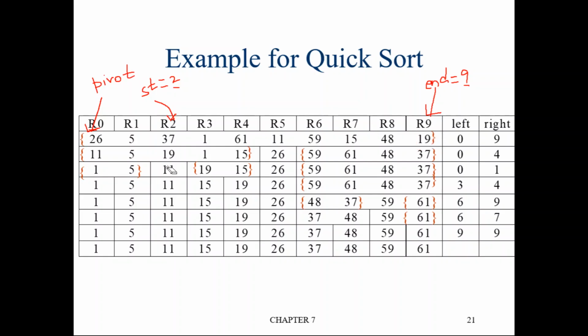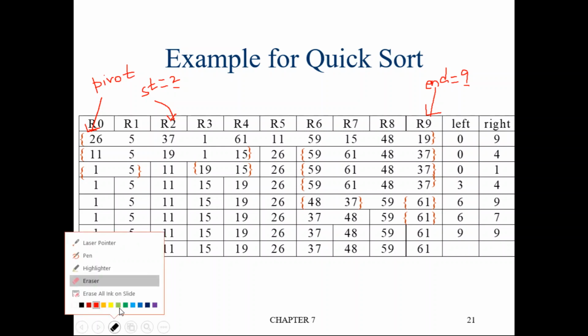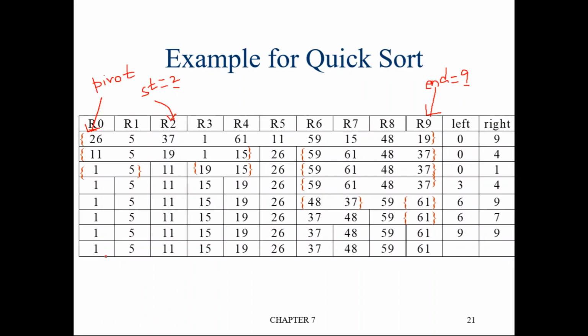In this 37 position we'll have 19, and wherever 19 was previously, there we'll get 37. Instead of start and end, you can also call it left and right, that's what they are using here. So now this is the situation.